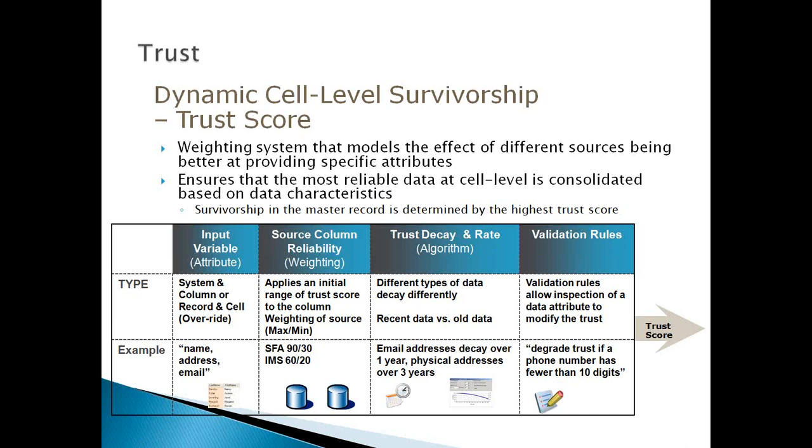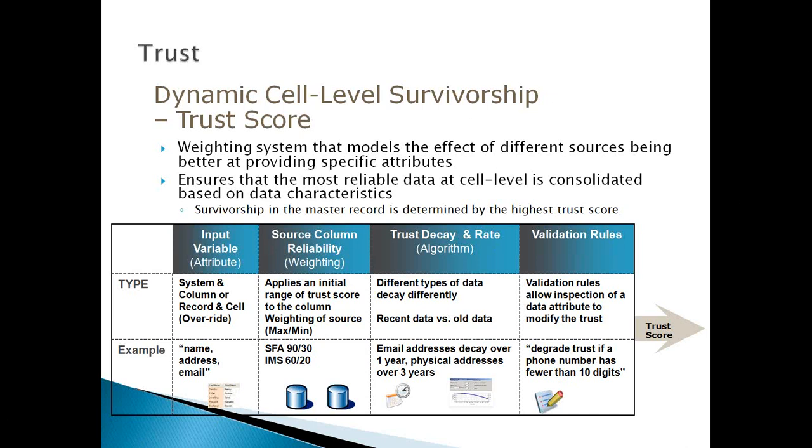Based on the logic we had given, that phone number less than 10 digits is downgraded by 50%. In the case we discussed earlier, only SFA was giving me bad data. So if I reduce by 50%, SFA will be 45, IMS will be 60. So IMS will get promoted into the master record.